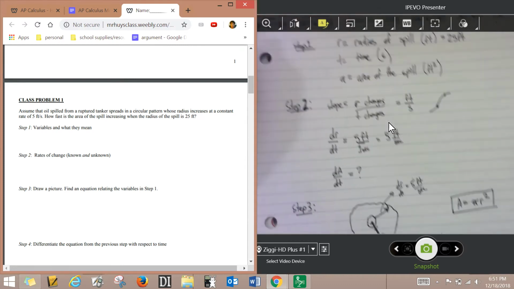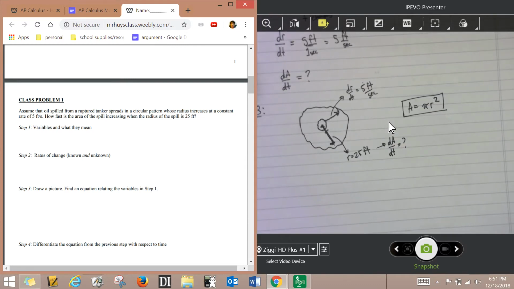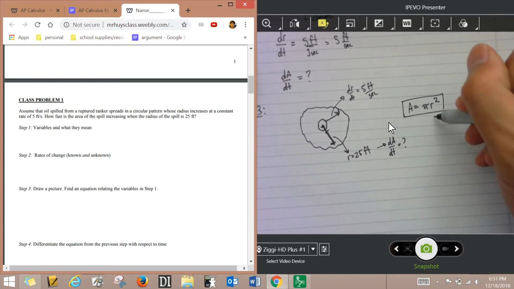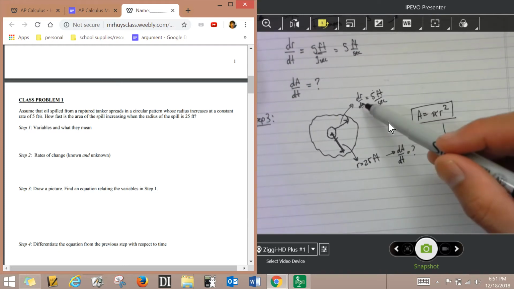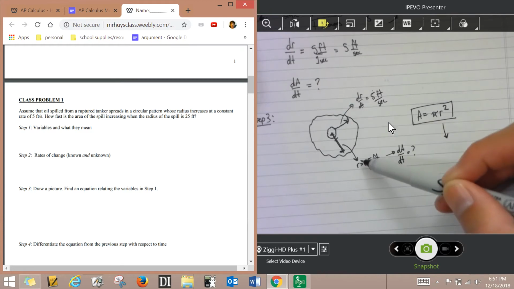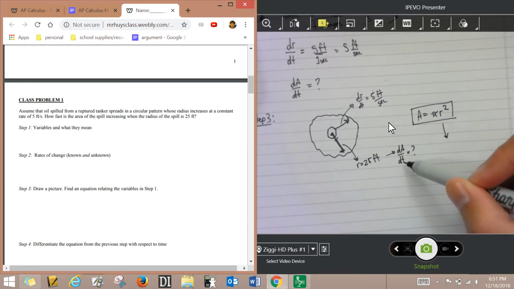What I can do is say this: I have the area is equal to pi r squared. To relate t, we're not just looking at the area, but we're also including the fact that we're talking about rates of change with respect to what variable? Time.